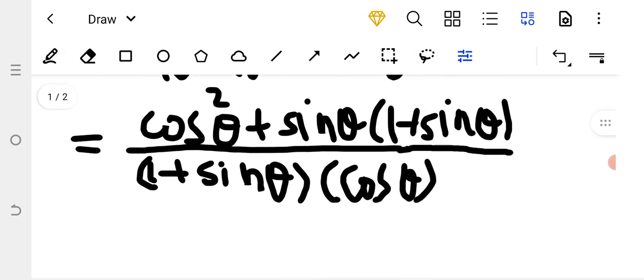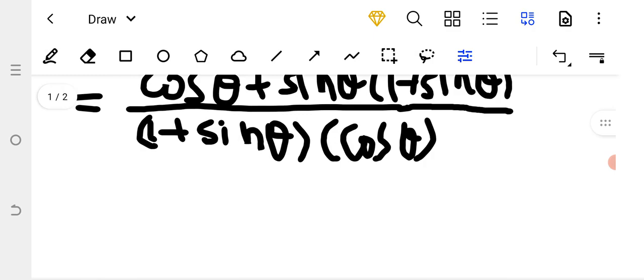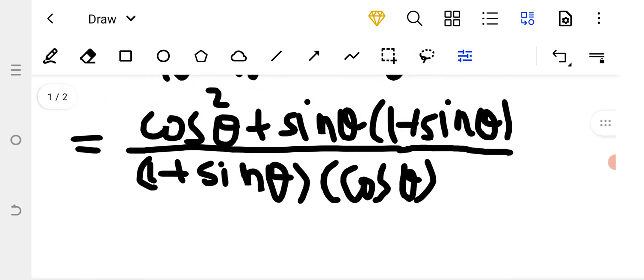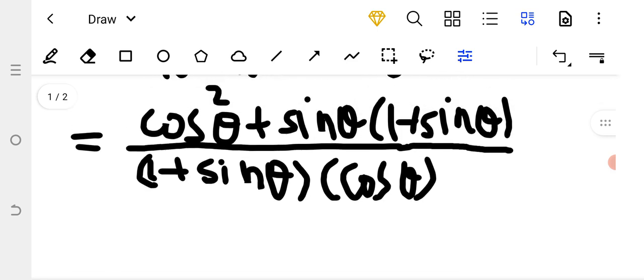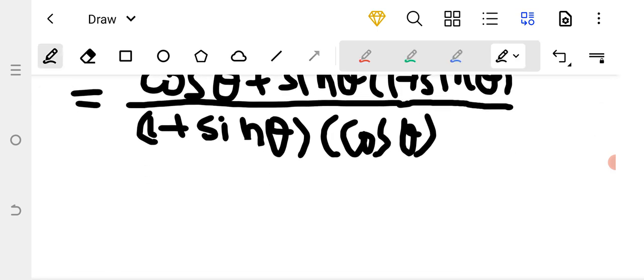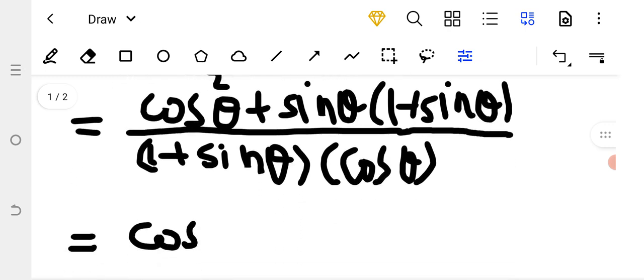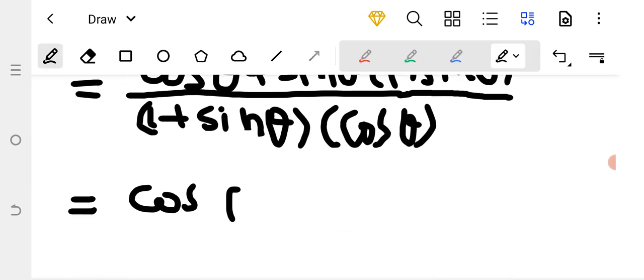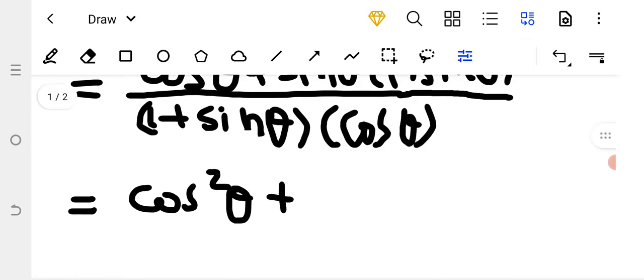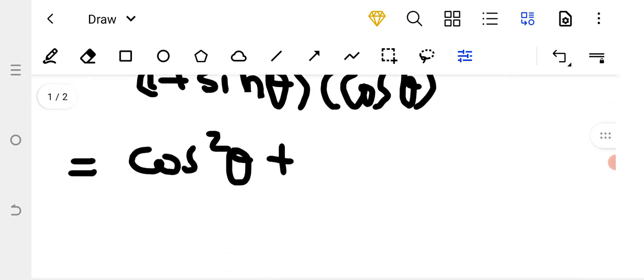And then to continue, we would expand that bracket. So it's going to be equal to cos theta squared plus sin theta times 1, which is sin theta.